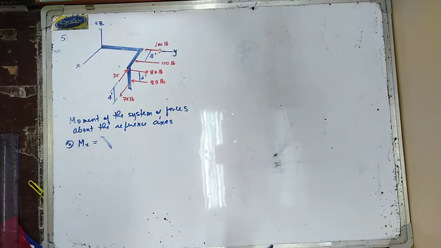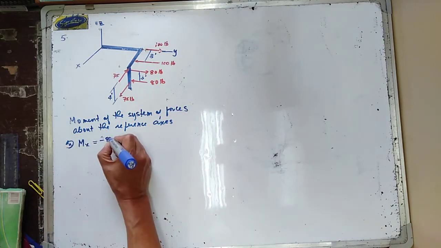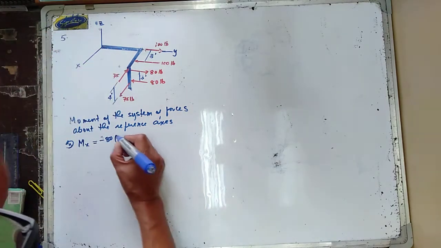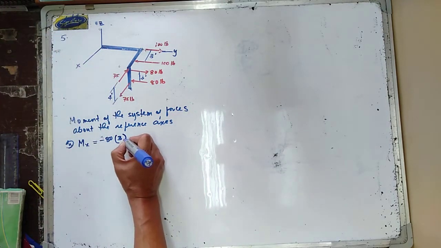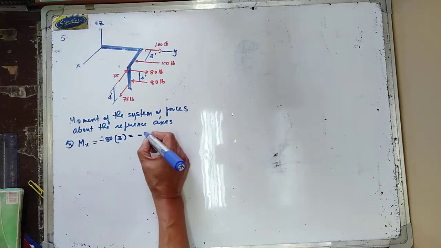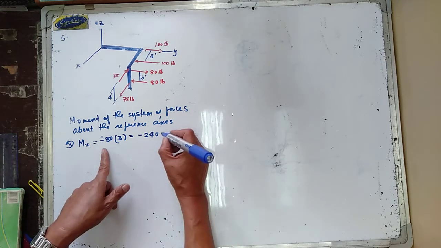Multiply this by the moment arm, which is equal to 3 feet, and this is equal to negative 240 foot-pounds.